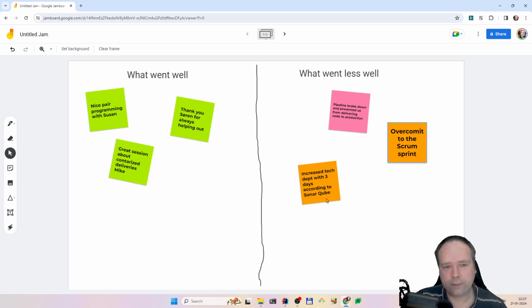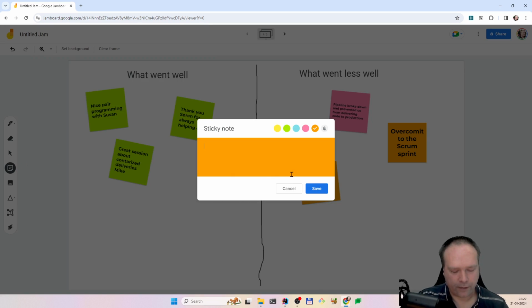But the important part here is that it is time limited. You need to give it a fixed time, like 5 minutes. 5 minutes is enough. So 5 minutes is a good rule of thumb. Max 5 minutes.